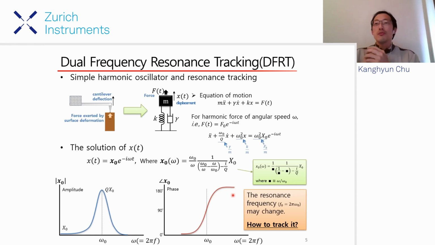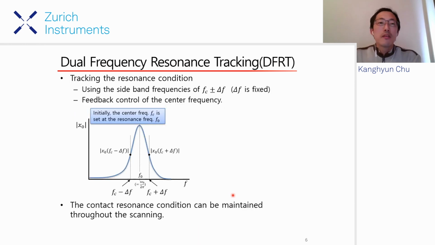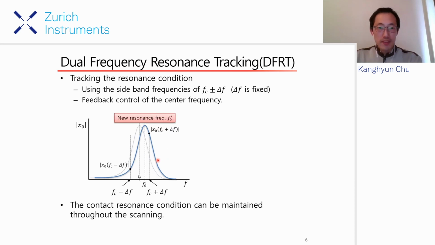So we can use this to track the resonance. By using two sidebands, one below the resonance frequency and one above it, once the resonance frequency shifts like this, the amplitude of the response at the lower sideband goes down, and the amplitude of the response at the center frequency plus the sideband frequency goes up.